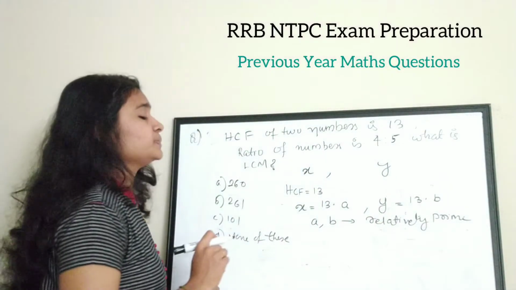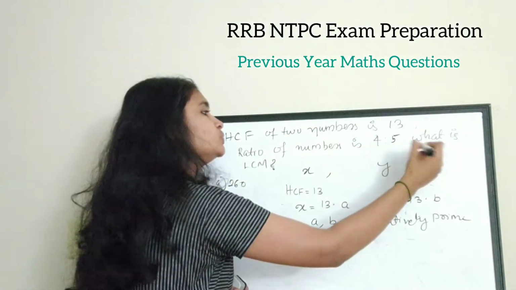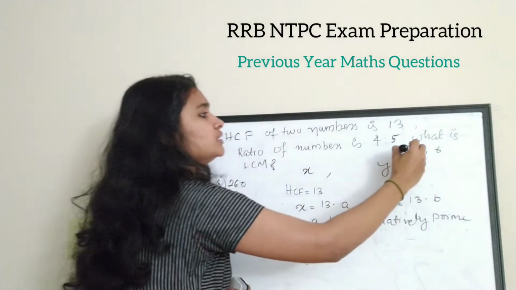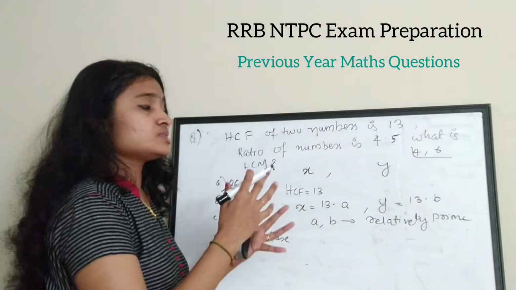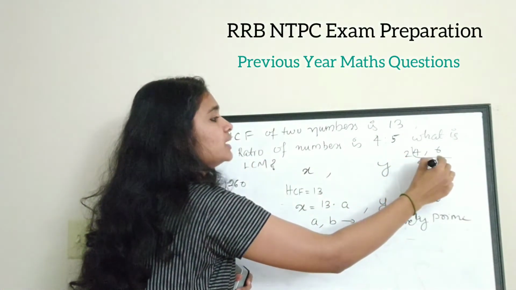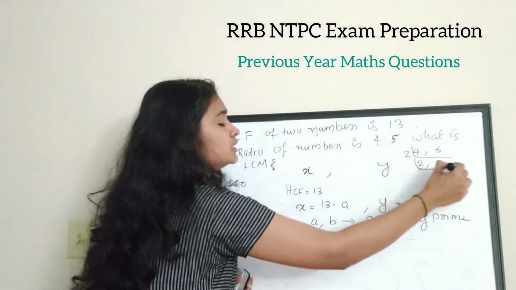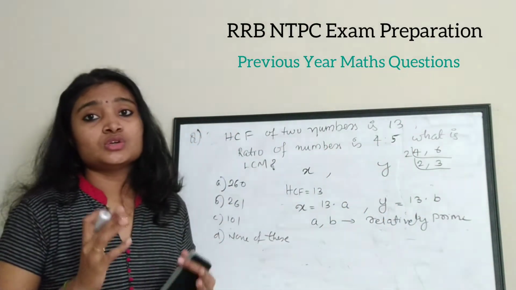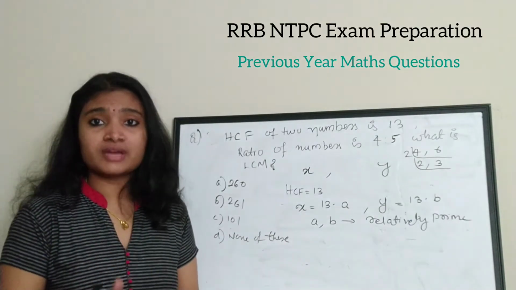For that purpose, I'll take two numbers, 4 and 6. What is the HCF of these two numbers? 2, again 2 and 3. Now the HCF of 4 and 6 is 2; 2 is the highest common factor.